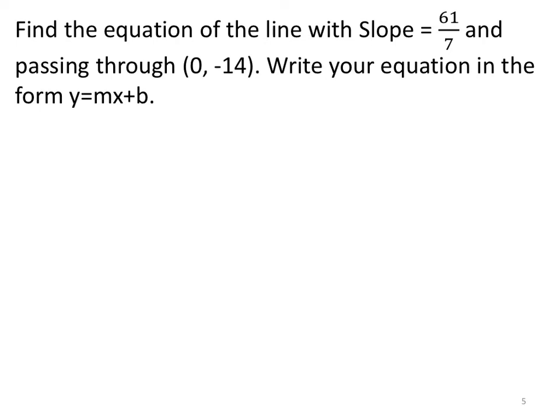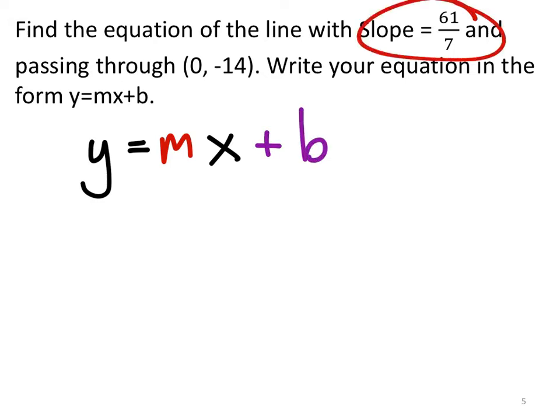Find the equation of the line with slope 61/7. That's a weird slope, but that'll do. And passing through (0, -14), write the equation in slope-intercept form. Once again, we have y equals the slope times x plus the y-intercept, which is b. They gave us a slope, and that was extremely generous.